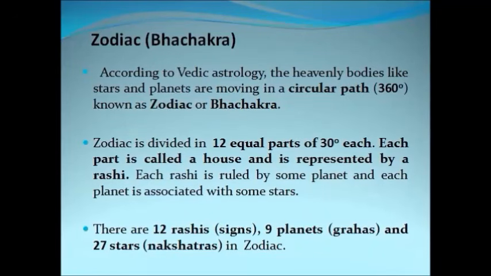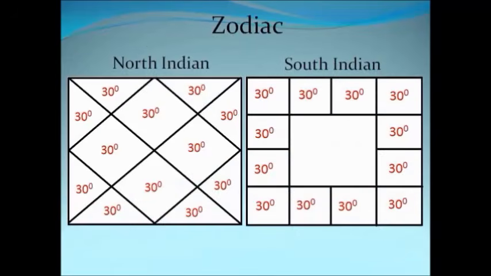Each part is called a house and is represented by a Rashi. Each Rashi is ruled by some planet and each planet is associated with some stars. There are 12 Rashis, 9 planets or grihas and 27 stars or nakshatras in the zodiac.